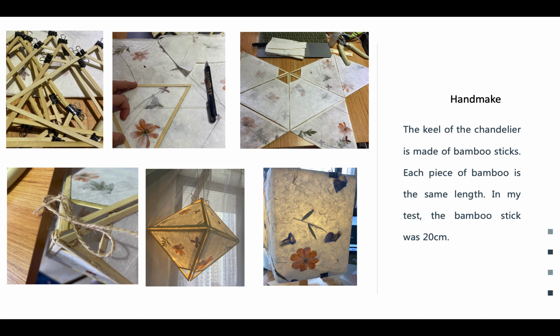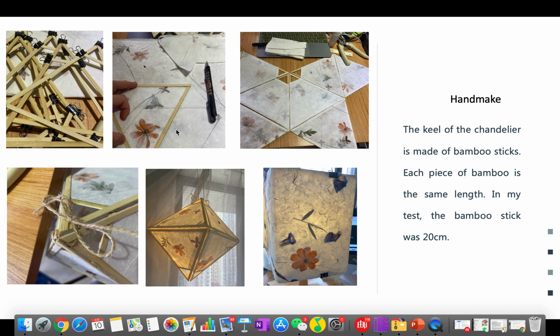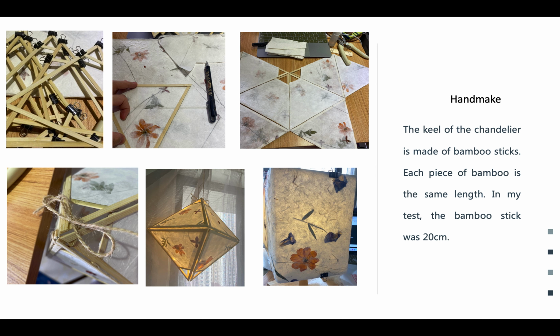I designed a diamond-shaped chandelier, which is inspired by the paper lanterns in Asian China. My prism chandelier is divided into 8 triangular pieces of cardboard. The whole frame is made of bamboo sticks. After making the 8 triangular pieces of cardboard, I glue them together with strips of paper on the back. This is just a small model.